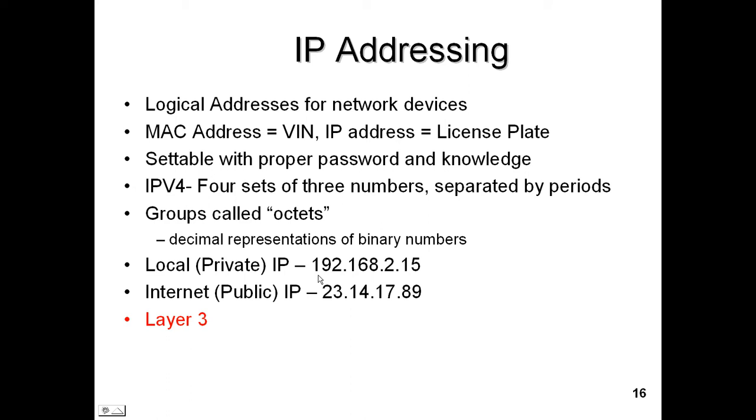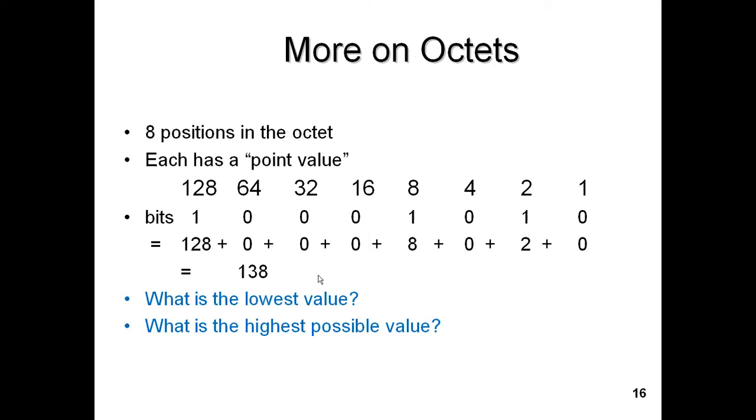If the devices are connected to the Internet, there is also a public IP address. These addresses are layer 3. These are the addresses that routers work with. And these are the addresses that we must set properly in the devices that we're programming onto our customers' networks.